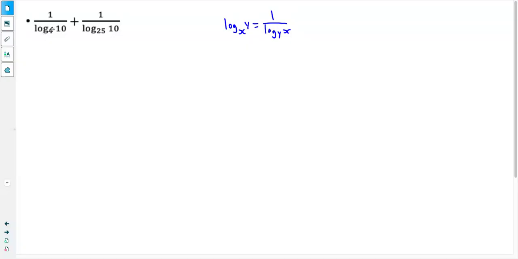So therefore, we can rewrite this as log base 10 of 4 plus log base 10 of 25, and then use our product law to combine those. So we'd have log base 10 of 4 times 25, so 100. Now that's the same as log base 10 of 10 squared, so that's just going to be 2.